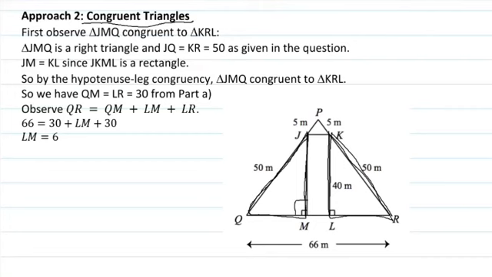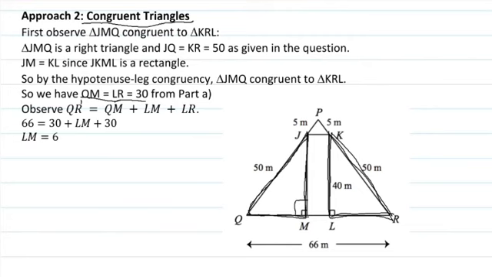So because they're congruent, side QM should be equal in length to side LR. And we know that LR is 30 because we calculated it in part A. So we have QM equals 30 as well.